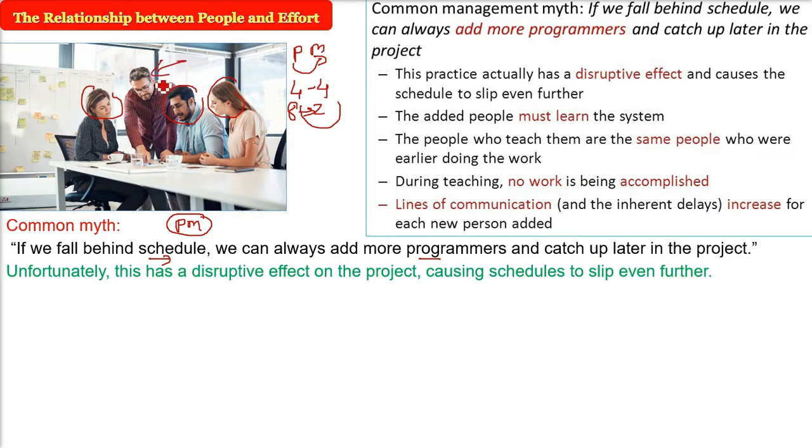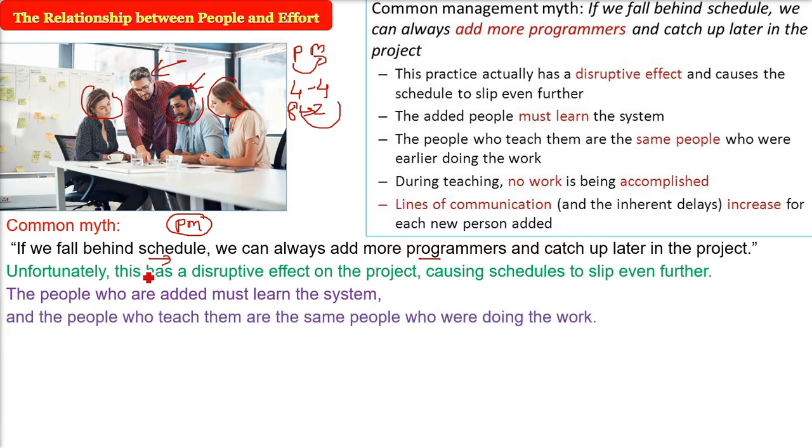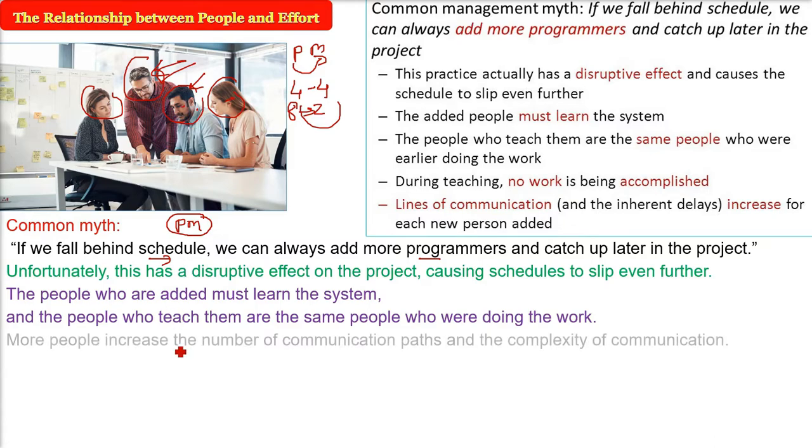For example, these are new people. A person is guiding them, teaching them. The new people have to learn, and that will take time. The person who is actually working on the project right now will be a tutor, so he will not be working on the project. He is actually tutoring. So with teaching and tutoring, the project will suffer.